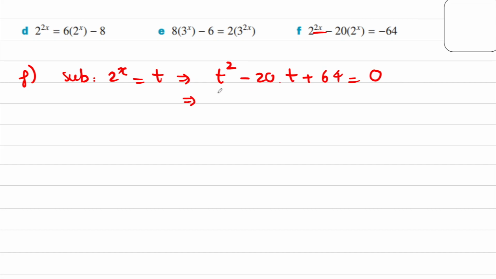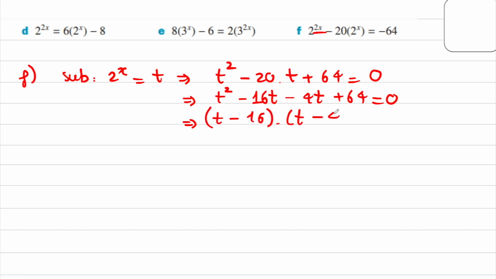I will separate 20 into minus 16t minus 4t and plus 64. Factorizing method, t minus 16 and then you got t minus 4 equal to 0. Two solutions for t. The first one is 16 and the second one is 4.